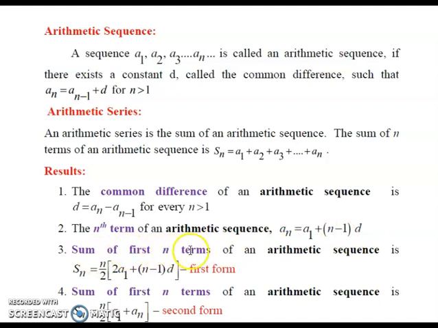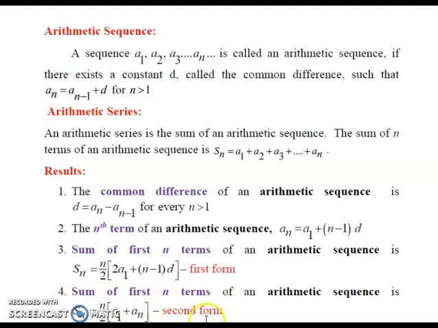Sum of first n terms of an arithmetic sequence is given by Sn is equal to n divided by 2 multiply 2a1 plus n minus 1 multiply d. This is the first form.